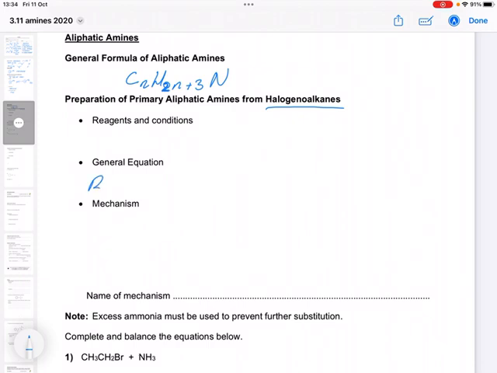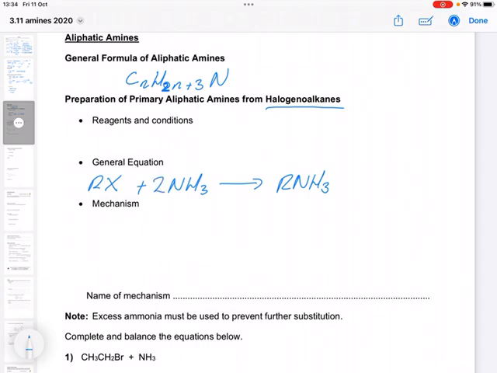So obviously there's our halogenoalkane. We react that with ammonia, and that is going to give us our amine. So here's what happens. The R group on the halogenoalkane replaces one of the hydrogens in the amine. And then when we look at the mechanism, it becomes a little bit easier to see how this is happening.